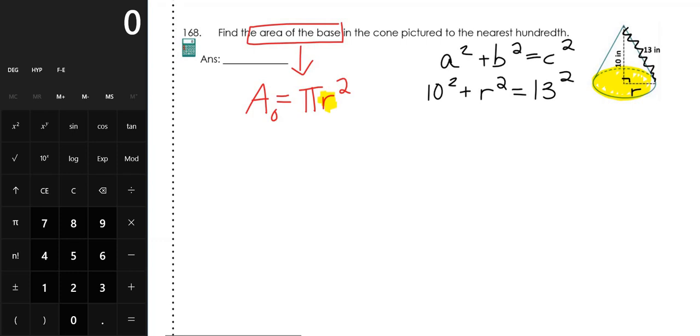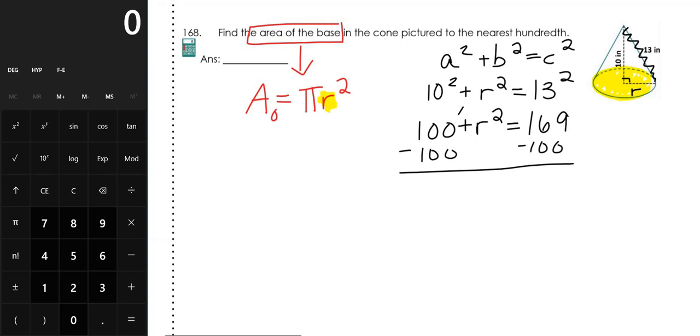Let's start expanding. 10 squared is 100 plus r squared equals 13 squared, which is 169. Subtract 100 from both sides. Now we have r squared equals 69.